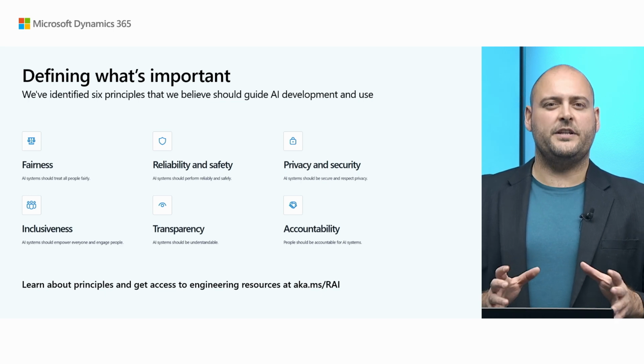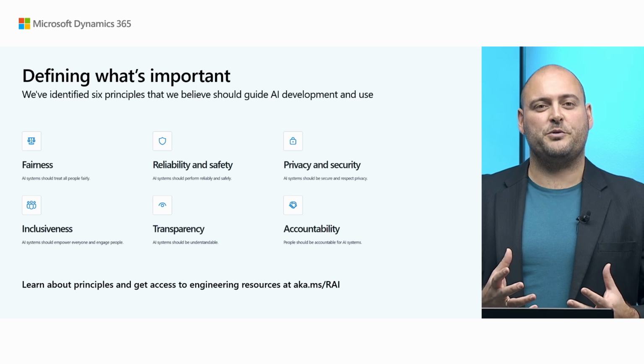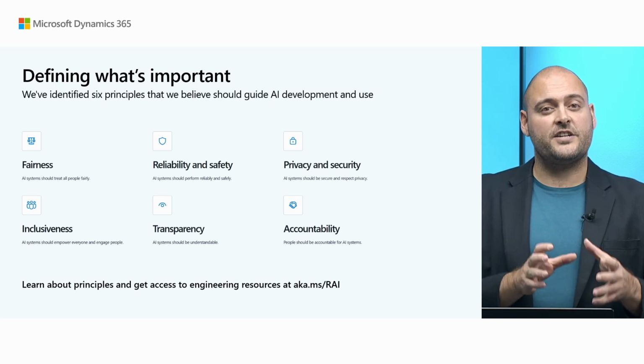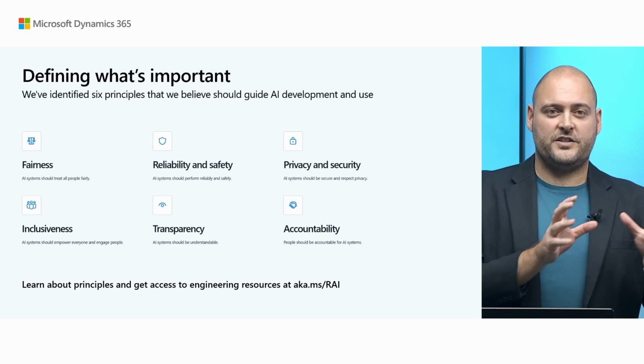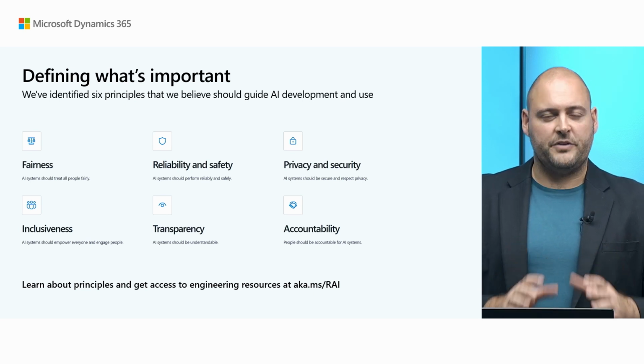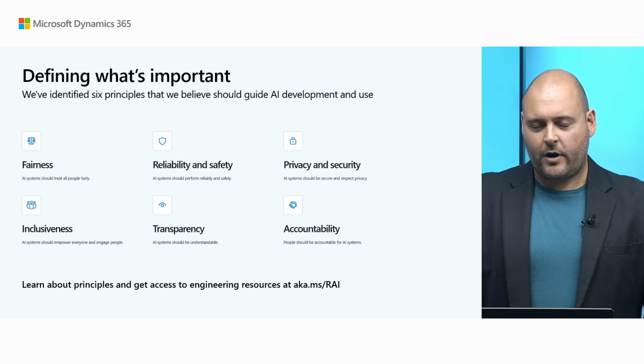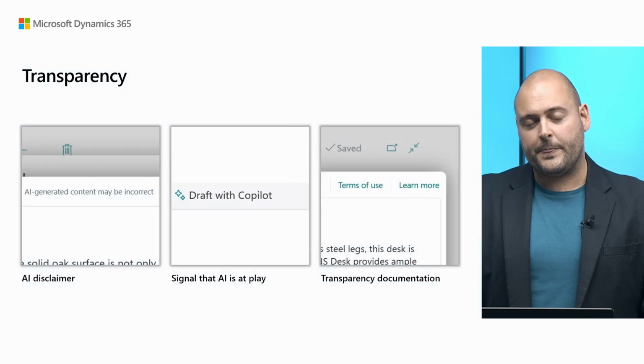And we believe in these so much that we've actually shared a lot of these principles, guidelines, and material that will help you even assess your own features against these kind of principles. And all of that material you'll find at aka.ms/RAI.